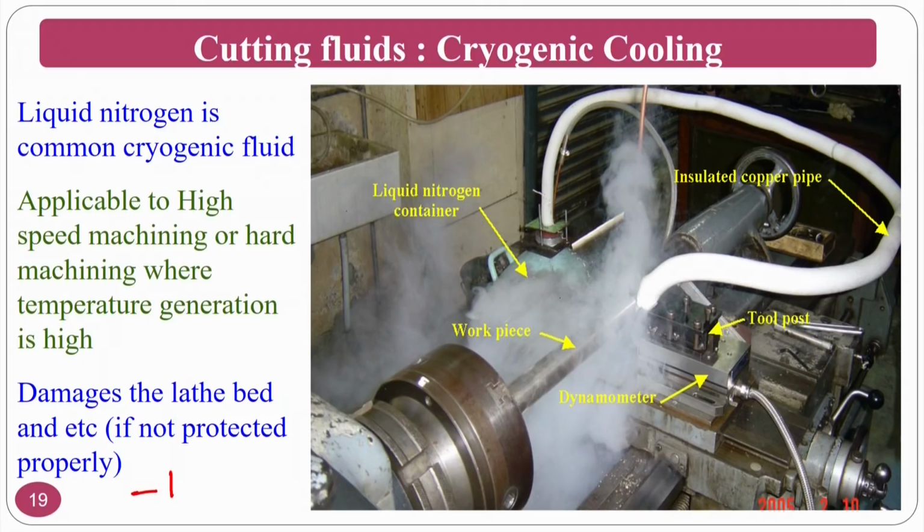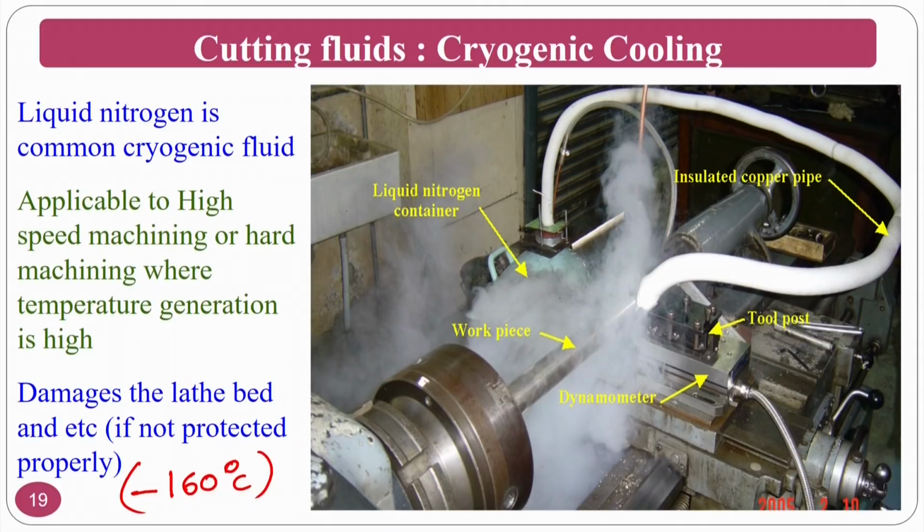Normally minus 160 degrees is the temperature, so it is a better cooling agent. It is applicable for high speed machining or machining of titanium and all those things, because the temperature stays on the surface itself. That's why these are used there.